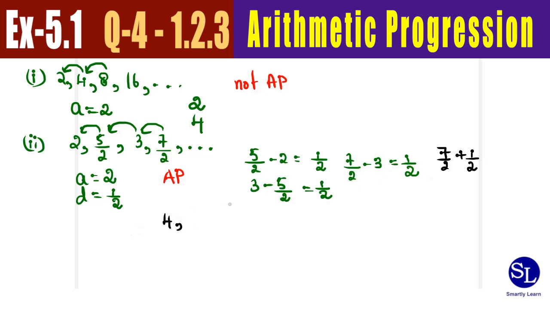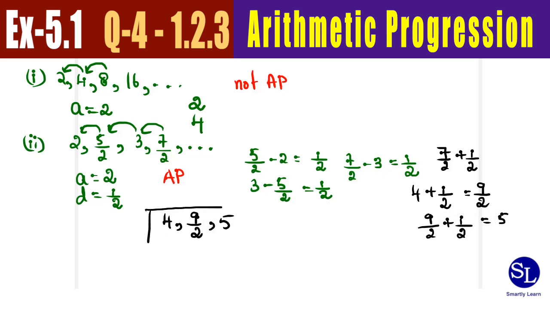So the next term I have generated is 4. 4 plus 1 by 2 is equal to 9 by 2. So the term after that is 9 by 2. Then 9 by 2 plus 1 by 2, which is equal to 10 by 2, which is 5. So I have generated 3 more terms for this AP, that is 4, 9 by 2 and 5.